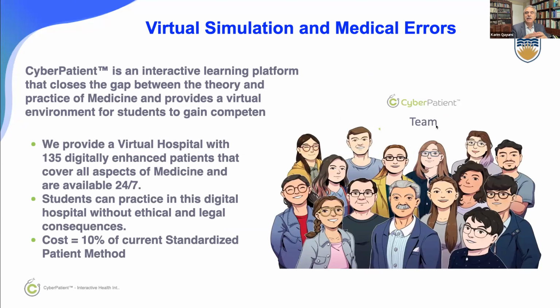CyberPatient is a virtual hospital with 135 digitally enhanced patients that students can reach from anywhere at any time. This hospital is open 24/7, and the patients don't get tired no matter how many times you ask them.